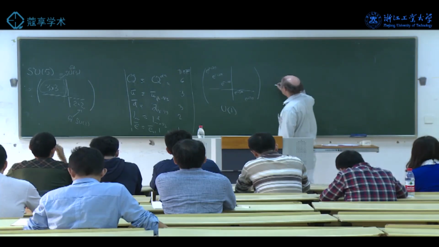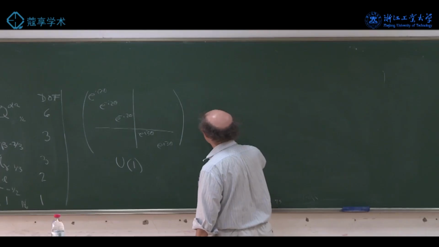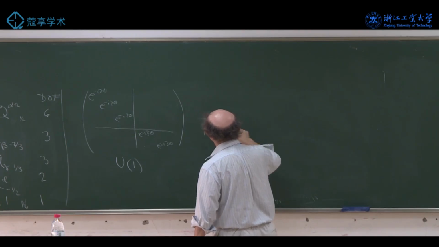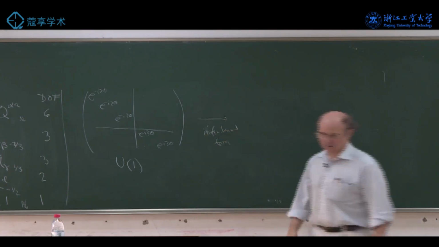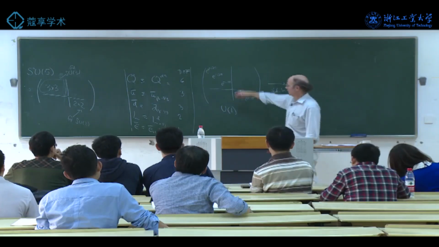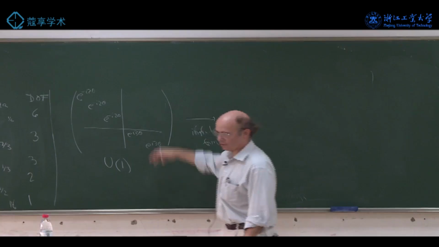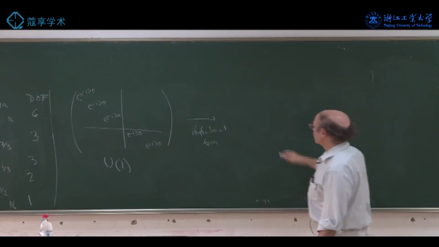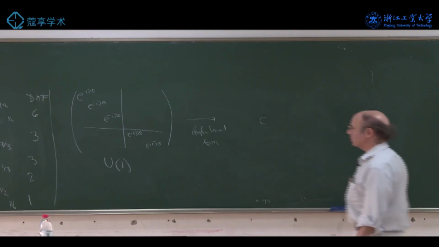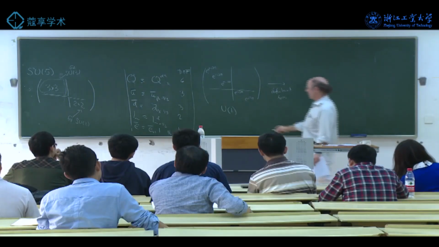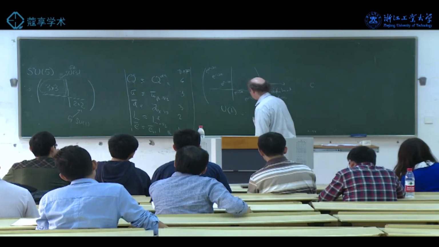Okay. If we take the infinitesimal form of this, to go from, so to speak, gauge transformations to charges, we see that the hypercharge generator will be some constant which is not determined. So this is the hypercharge transformation.